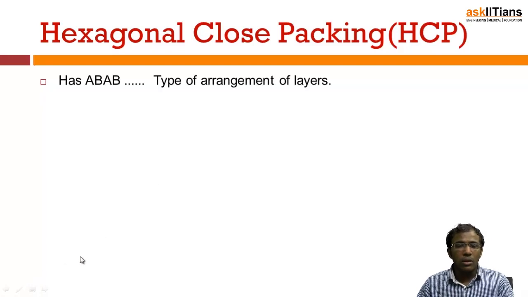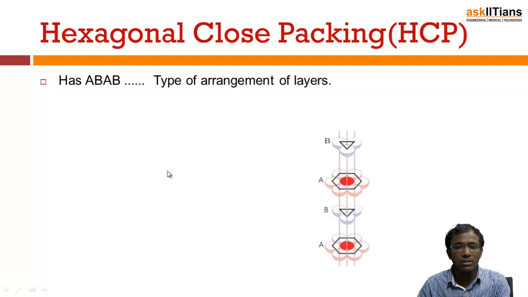That means A and B are the two layers. The third layer is exactly equivalent to the first layer, so the third layer is also given the name A. And the fourth layer is exactly equivalent to the second layer, so the fourth layer will be B. So AB, AB, AB and so on. Such an arrangement is known as HCP.